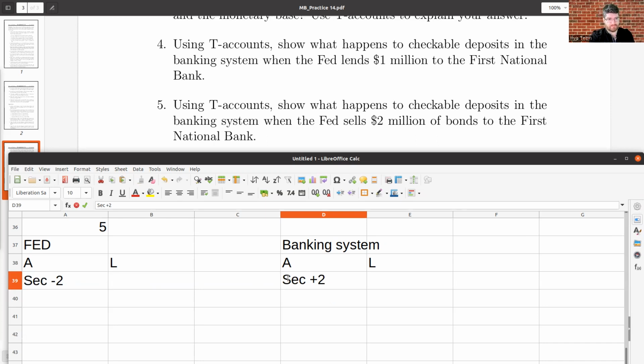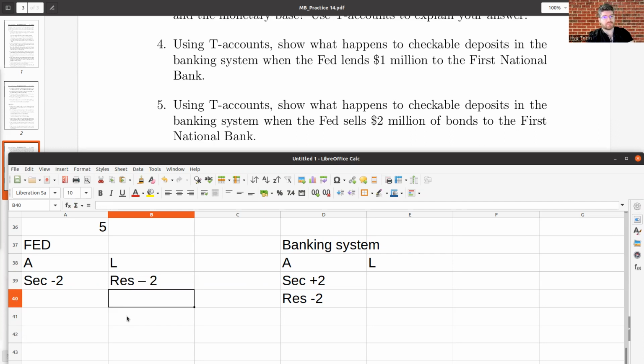So the banking system bought them. Reserves changed by minus 2 because we used money from the reserves, and the liability here, the reserves, also go down by 2 million. So this is the result of an open market sale. If we sell securities, then the money supply goes down because the reserves decrease in the banks, and fewer loans will be provided.